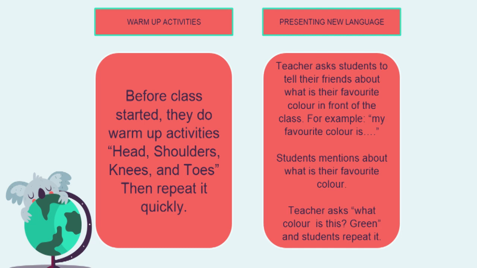And then the teacher will give a concept about the color, like asking, what color is this? Green. And students will say that the color is green, and repeat it. Students will know the concept of the color.